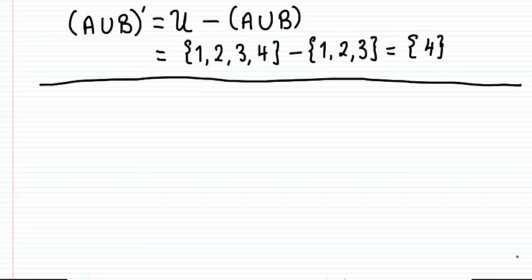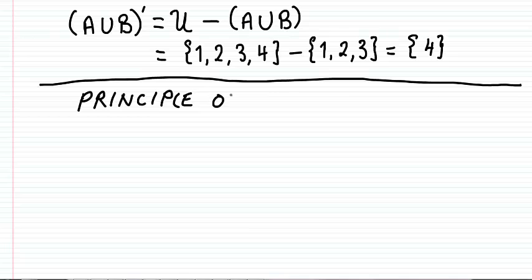Let's look at the principle of duality. We will create a set theory equation, and then we'll apply the theory behind the principle of duality to that equation. So let me commence then. Principle of duality.